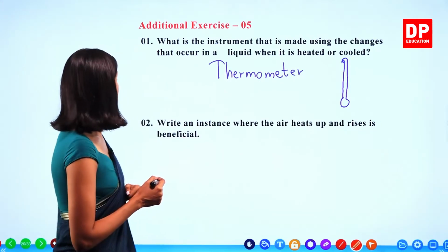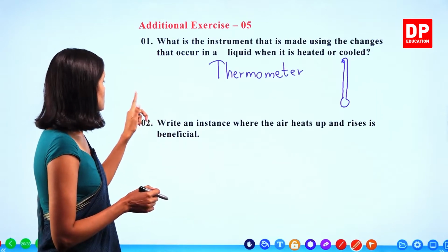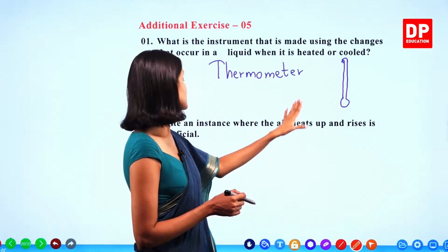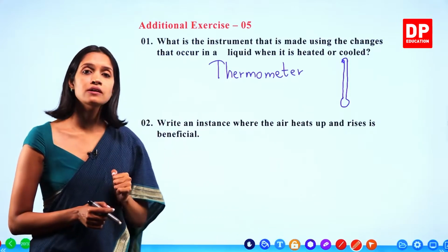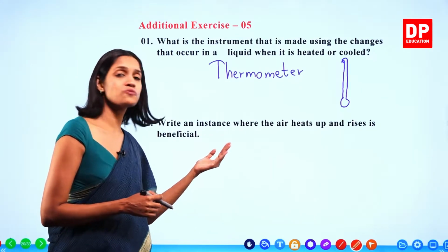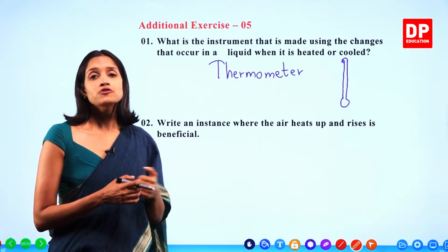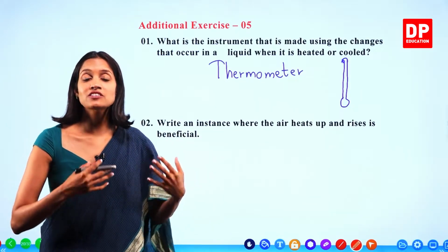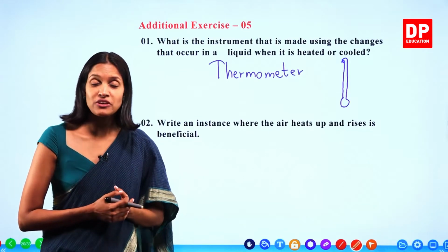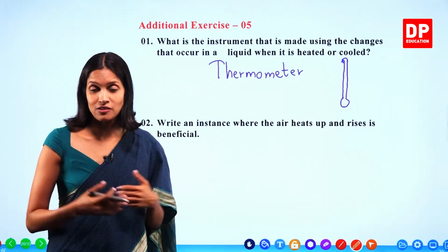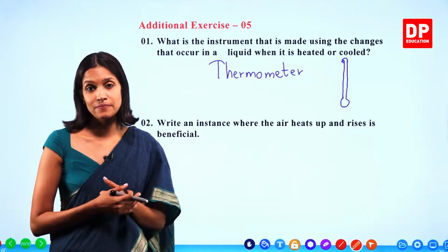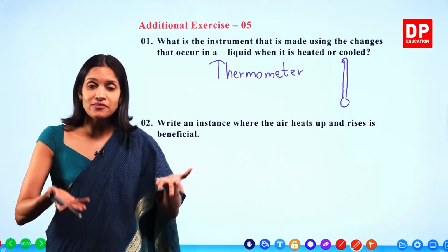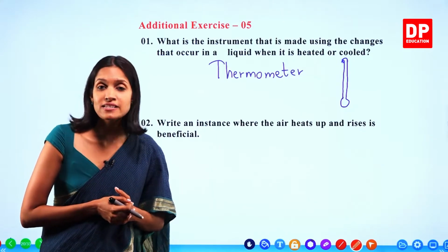Okay? Right, next one. Write an instance where the air heats up and rises is beneficial. So what happens when we heat air? You all know that when we heat air, because of the absorption of heat, the air expands or the volume increases. Right, children? So remember, children, the hot air rises up. Why does that happen, children?